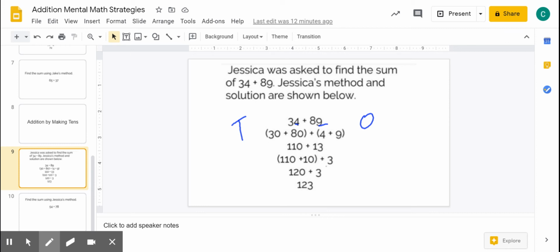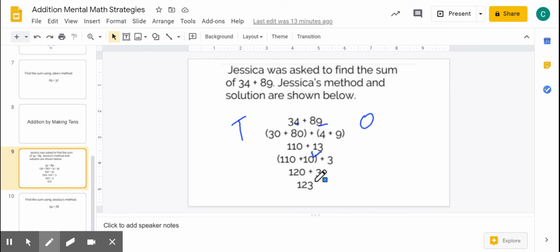Remember, the 10 came from 13. Plus 3. I add 110 plus 10, that gives me 120. Then I add 120 plus 3. This gives me the number 123.